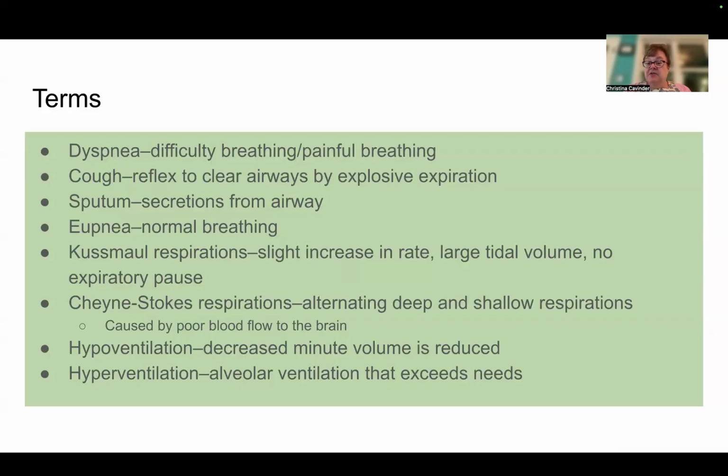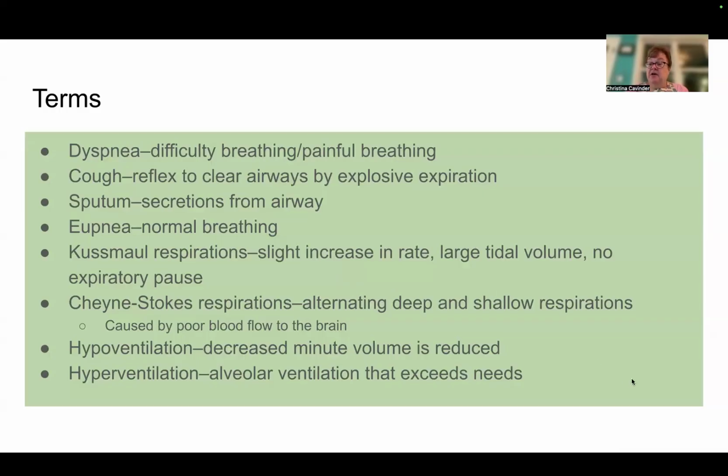So you have alternating deep and shallow respirations because you're getting different signals into the brain. The brain is not functioning like it should, so you're not having those brainstem medulla triggers to help you breathe. Hypoventilation means you have decreased minute volume, and hyperventilation is where the alveolar ventilation exceeds your needs. So you're blowing off too much CO2.